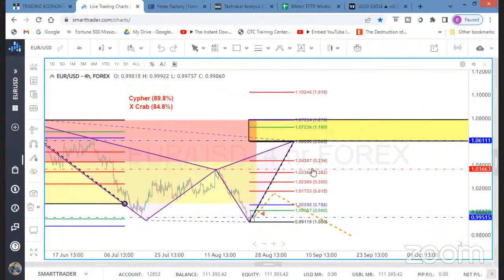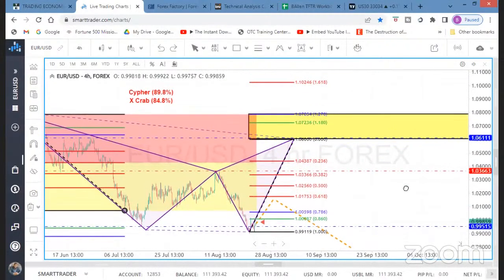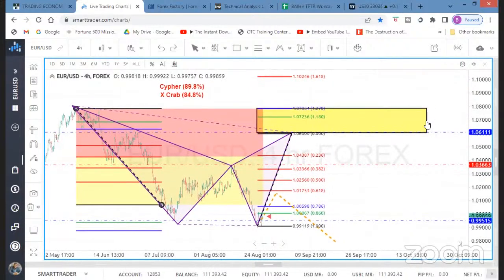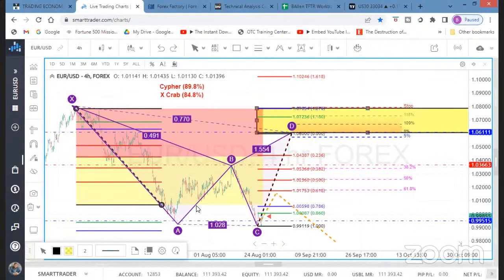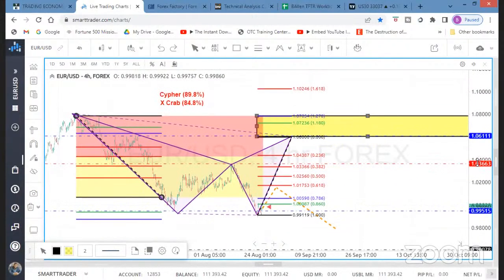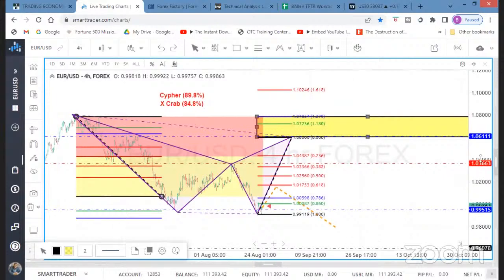It will give you something like this on your pattern. So this is your harmonic pattern like that. And right, look, A, B, C, D. My C becomes my new A, my D becomes my new B, A, B boundary. But the harmonic setup will give you something like this.